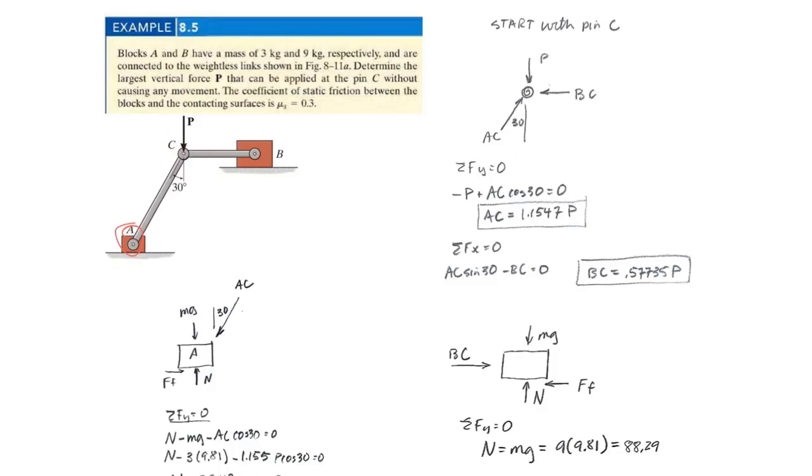So a good way to approach that is to consider this with just the method of joints, which I've done. And then you get that as a function of P in both cases. You don't know what the absolute number is, but you do know it's a fraction of P. Then taking that fraction of P, you can push it down here and say, all right, now I just have this pushing situation for this one.